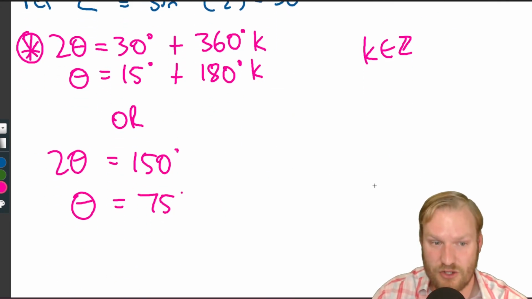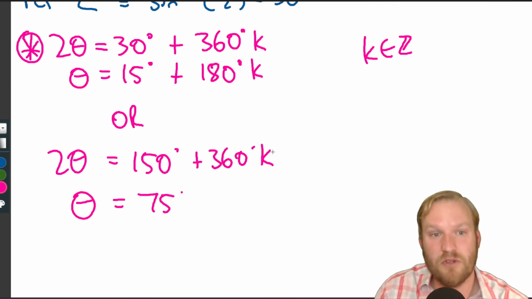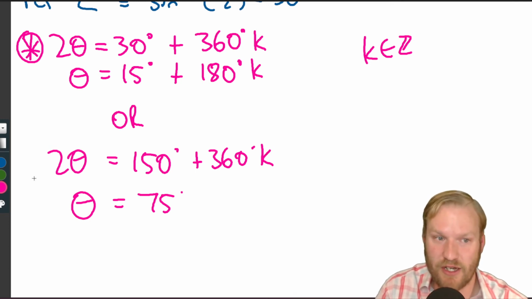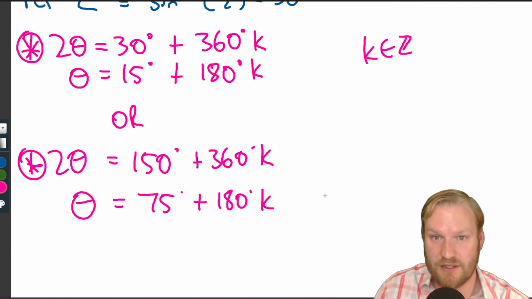For our second solution, 2 theta equals 150, and all we have to think is that the sine graph repeats every 360 degrees. So when we solve our little equation here, we write down plus 360k, we divide everything by 2, and our 180k presents itself.